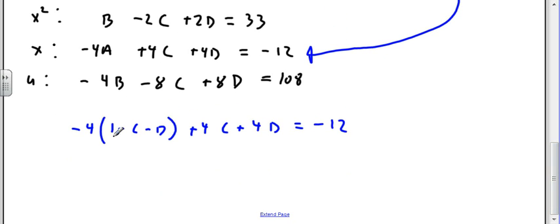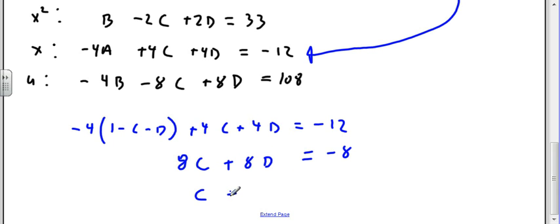Okay, so minus 4 goes to the other side, and I get a minus 8. I get a plus 4, and I get an 8c. I get a plus 4, and I get a plus 4, and I get a plus 8d.